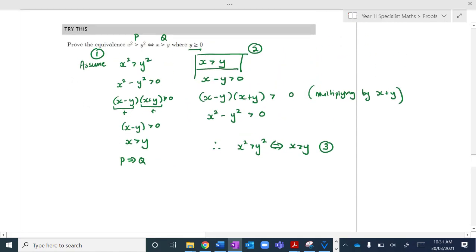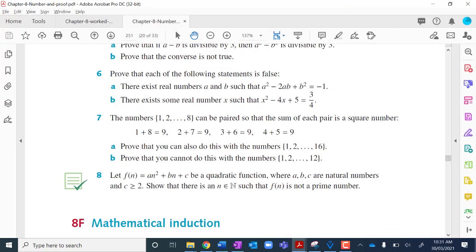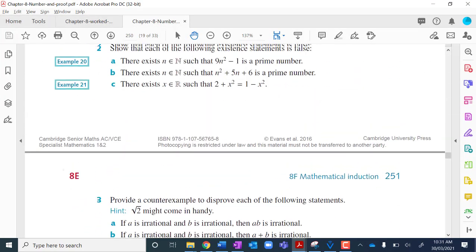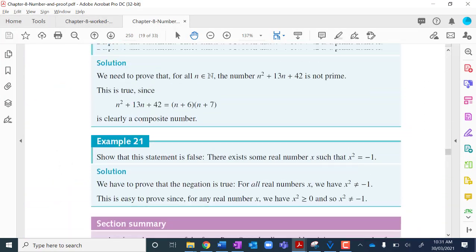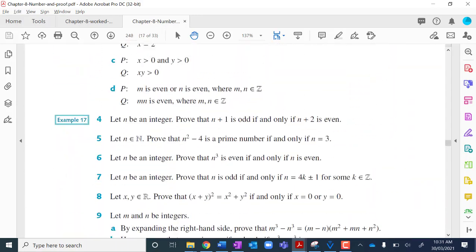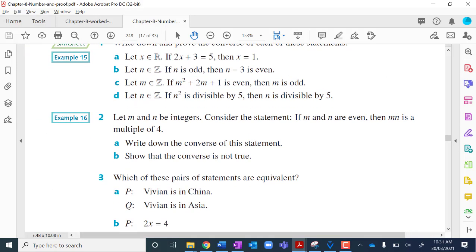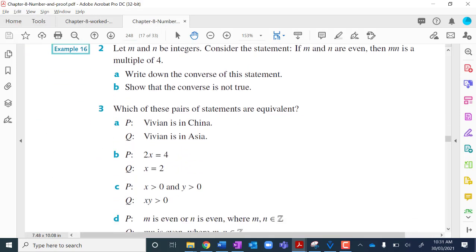In particular, if I have a look at some of the coursework, I think it wasn't 8E, was it? It was 8D, just proving. So quite a few of these. Again, you will see a few of these funny ones: which of these pair of statements are equivalent?